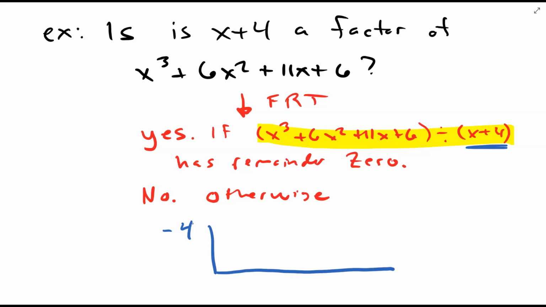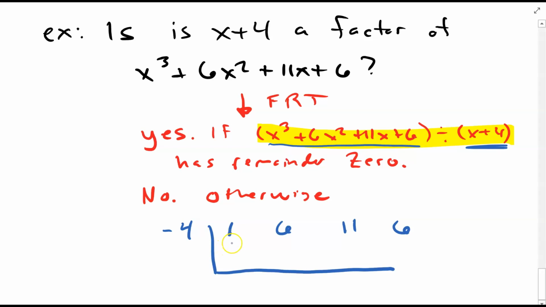The solution there is going to go on the outside. What numbers are going to go on the inside? One, 6, 11, and 6. Where did those numbers come from? They're the coefficients from the dividend, right?